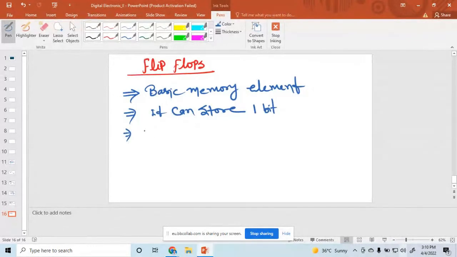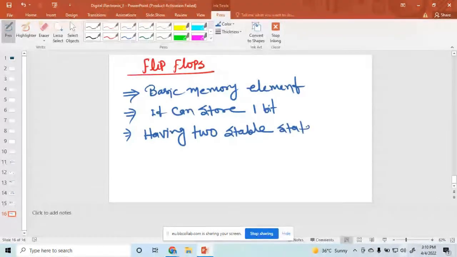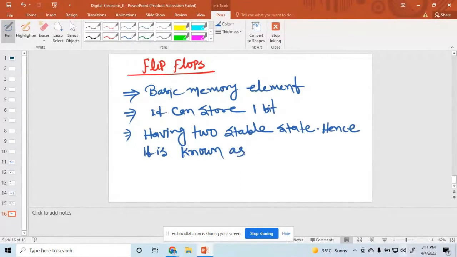It has two stable states, that is 0 and 1. Hence it is known as a bistable multivibrator.